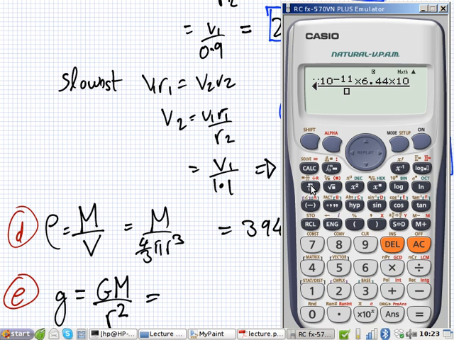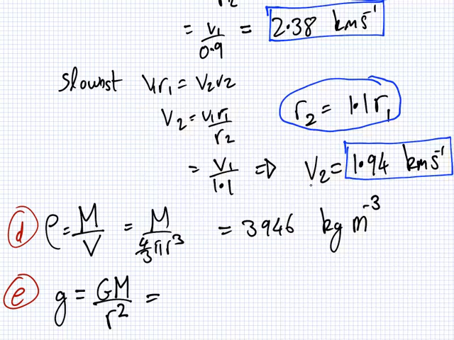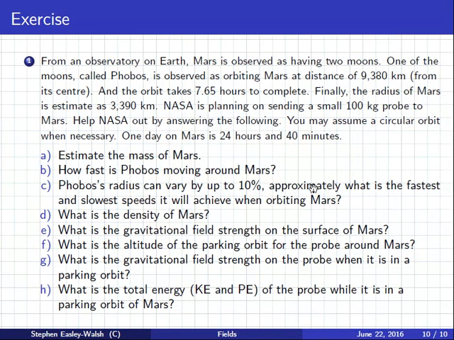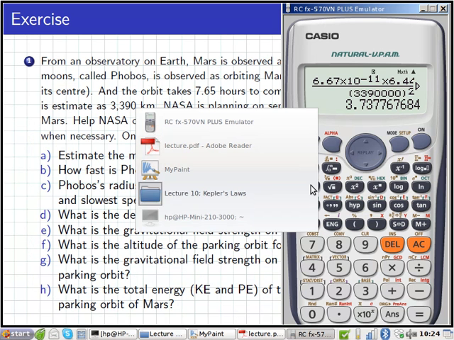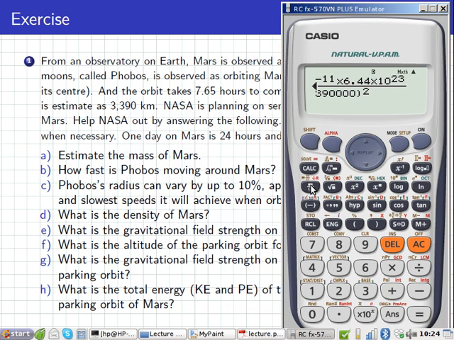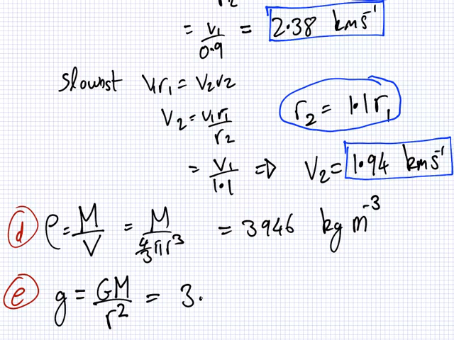And then the radius squared, which we said is 3390 kilometres, so 3,390,000 meters. The answer is 3.74 newtons per kilogram.